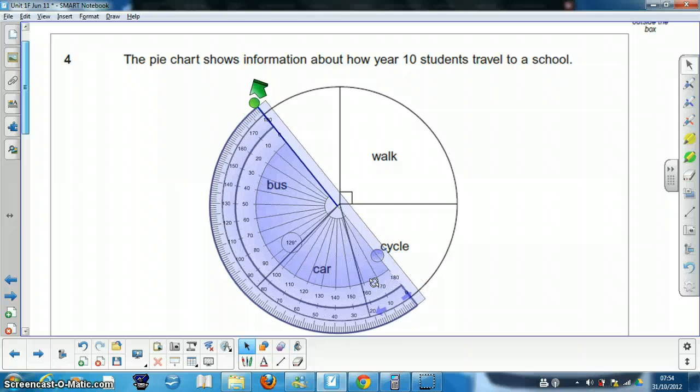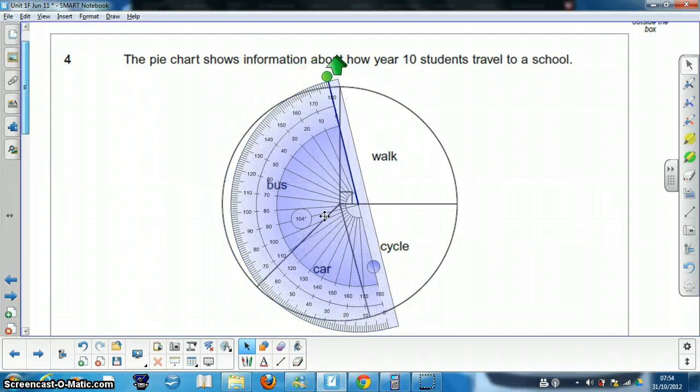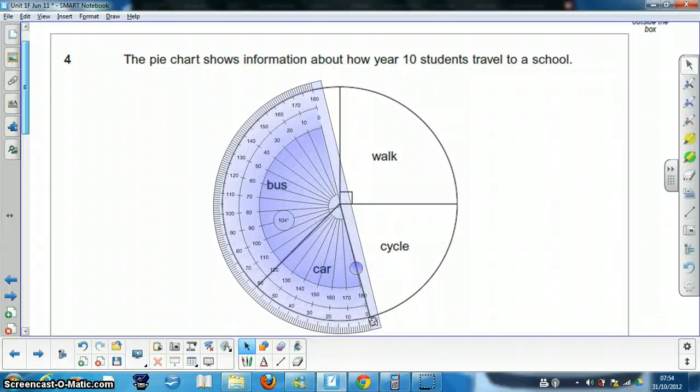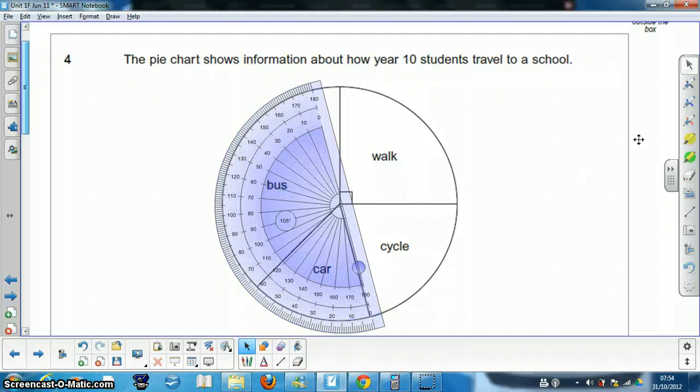So how should we start? Well, we'll do it this way. Just move it slightly. Just line it up. There we go. So the angle here looks like it's 60 degrees.